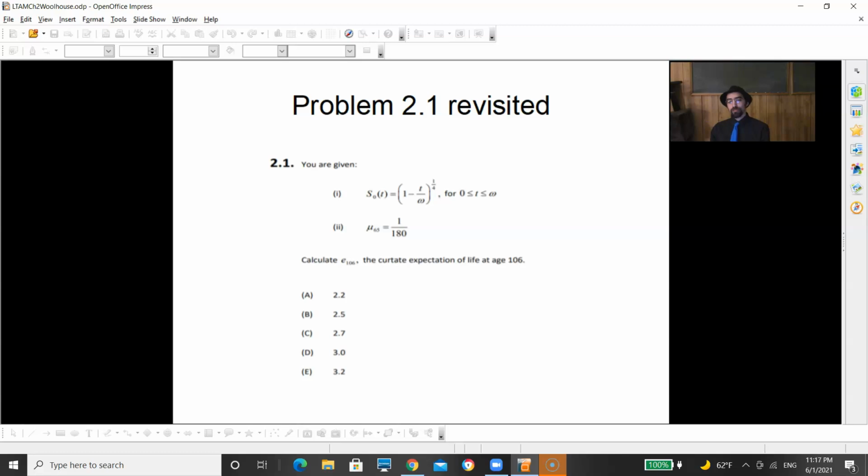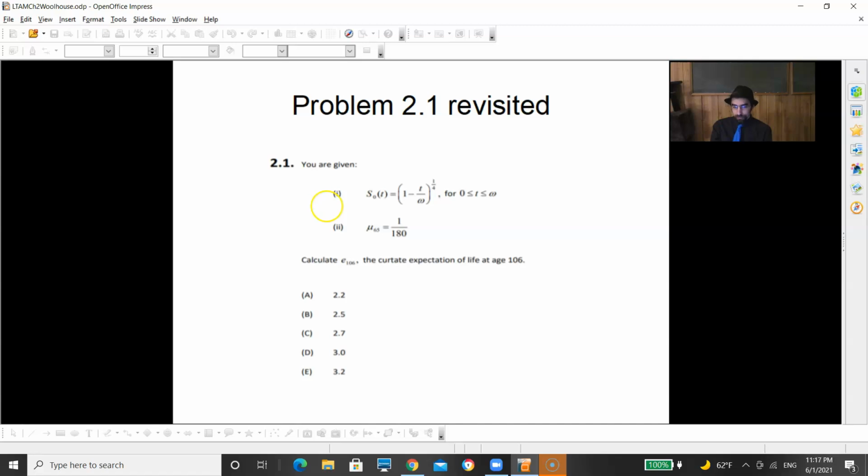So let's revisit problem 2.1. If you like, you're welcome to pause this video and solve through this problem using that approximation technique. I'll go through it momentarily.